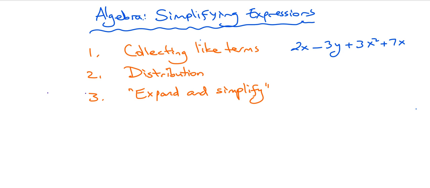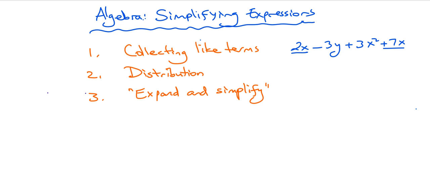Collecting like terms means that if the terms have the same variables and the same exponents on the variables, then we can add them up because they are objects that are the same. So 2x and another positive 7x is like two objects and then another 7 of the same object. 2 bananas plus 7 bananas. And so those two can be collected to be 9x.